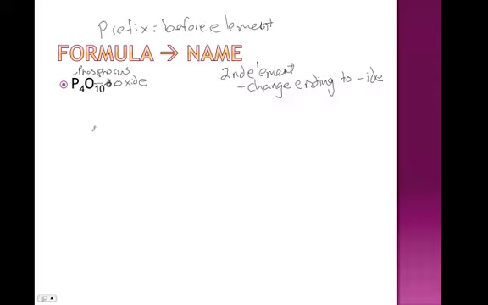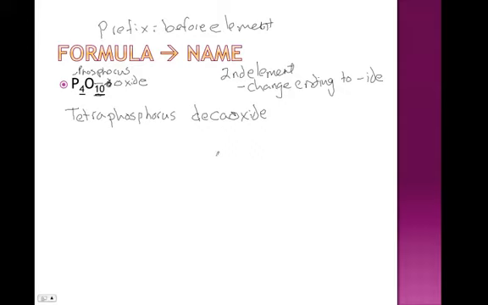So the prefix here is going to be our 4, so that means that's going to be tetra. It's just like we learned before, tetra means 4. It's going to be tetraphosphorus. And 10 is our second one, so put a space. And 10 we said was deca, so decaoxide. So P4O10 is called tetraphosphorus decaoxide.